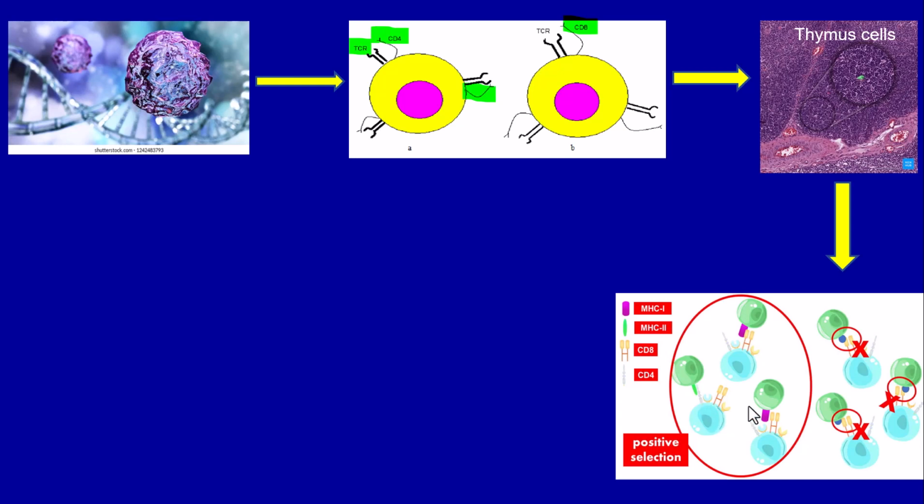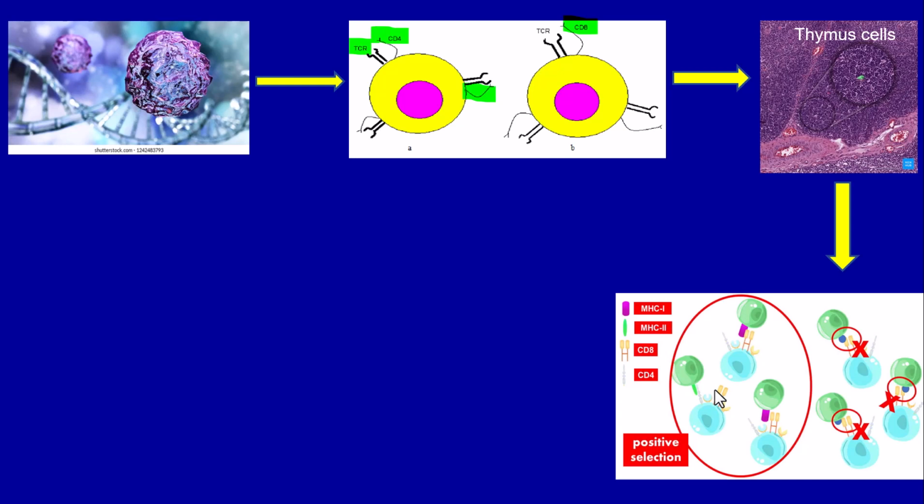So this mechanism, the identification and clearance of the cell and its molecule by the thymus cell, or coding of these cells, is called positive selection.